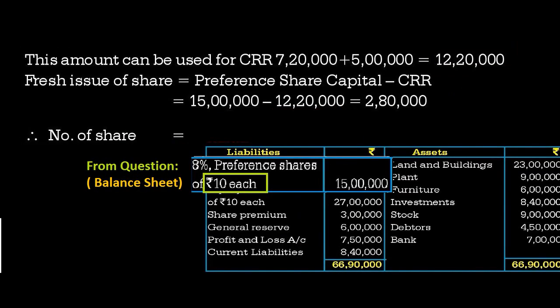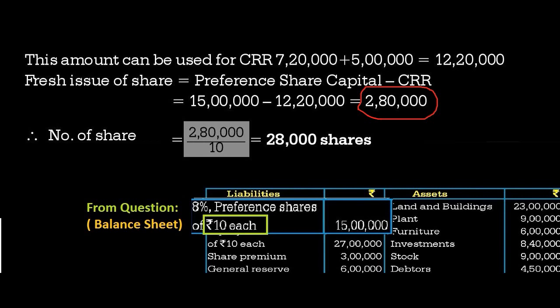So let us see how many shares we have to issue. It is going to issue equity shares at 20% premium, but the face value of the equity share is 10 only, because in the balance sheet we already have equity shares of 10 each. So the fresh issue also will be at the face value of 10. So 2,80,000 is the amount required for issue of shares, divided by the face value of 10.